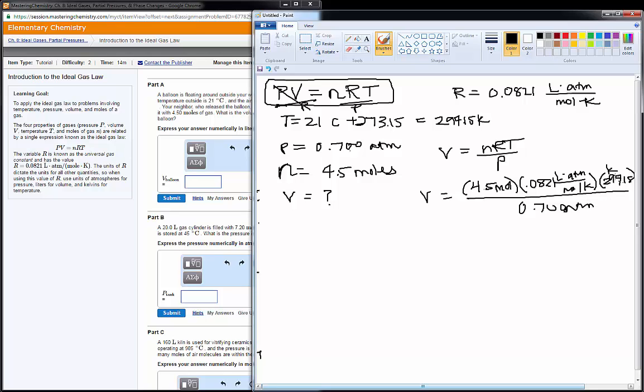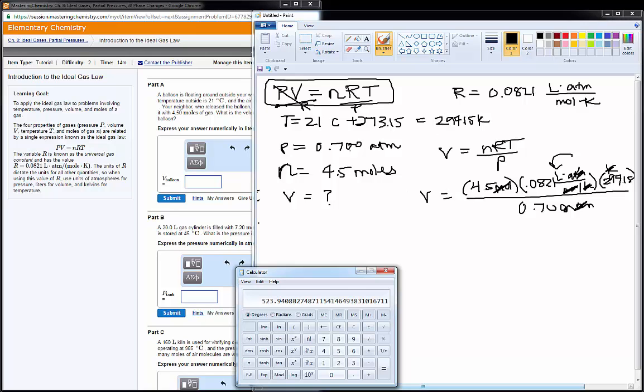Again, note that I kept all my units and I can see moles divided by moles, K divided by K, atmospheres divided by atmospheres. I'll get an answer in units of liters, and since they asked for a volume, that's exactly what I should get, so I know I did it right.